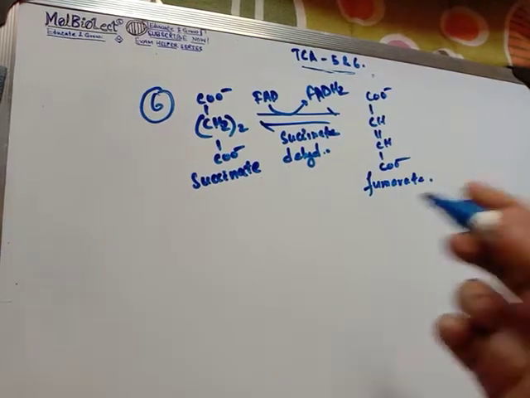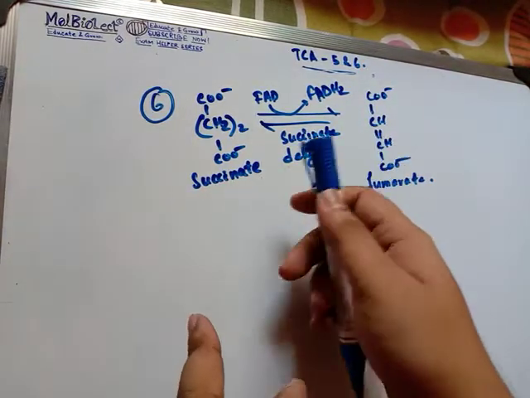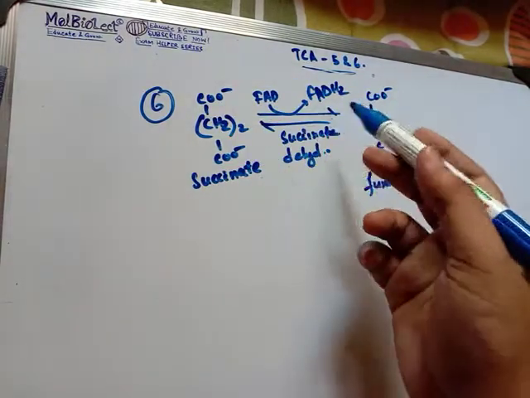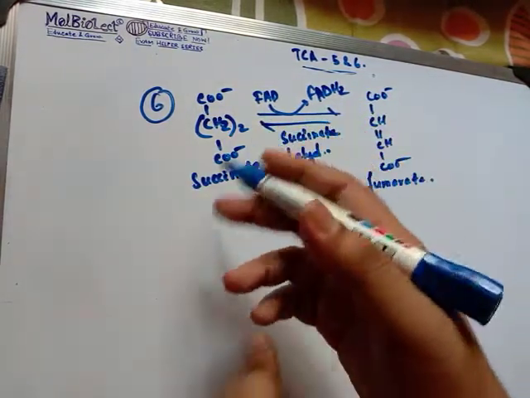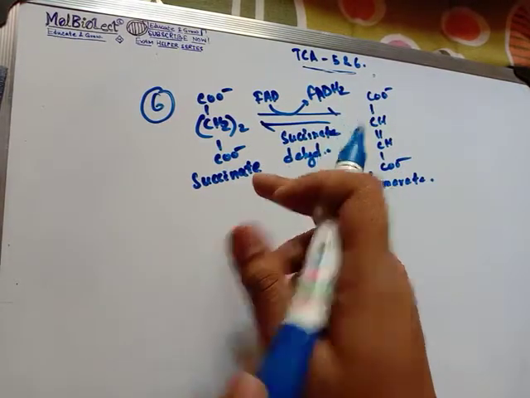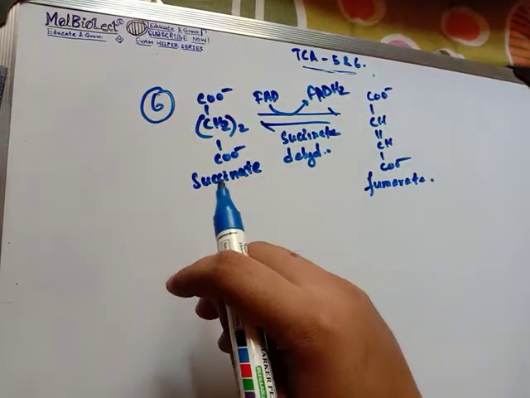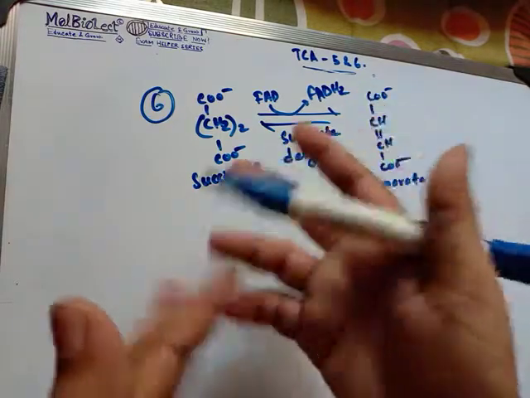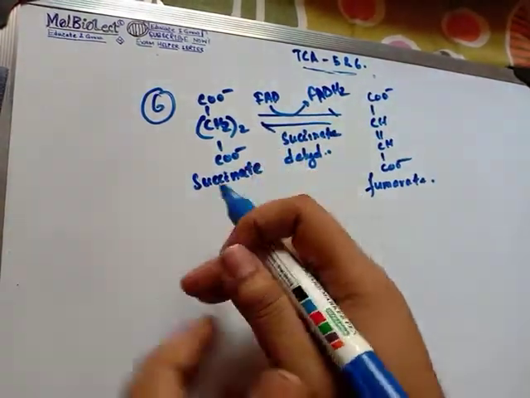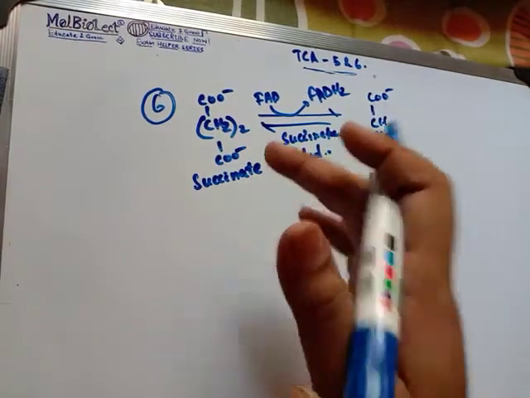One interesting thing is that the enzyme required, succinate dehydrogenase, is a flavoprotein. In eukaryotes it is tightly bound to the mitochondrial inner membrane, and in bacteria, to the plasma membrane. So what I mean to say is that in eukaryotes it is present in the mitochondrial membrane, in bacteria it is present in the plasma membrane. The enzyme has 3 different iron sulfur clusters.